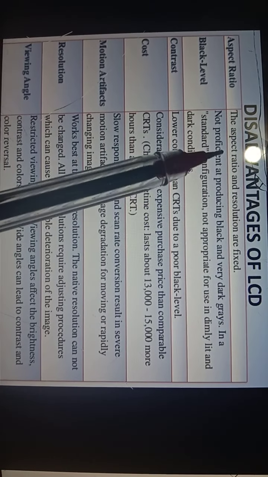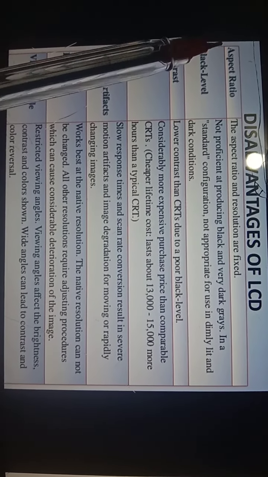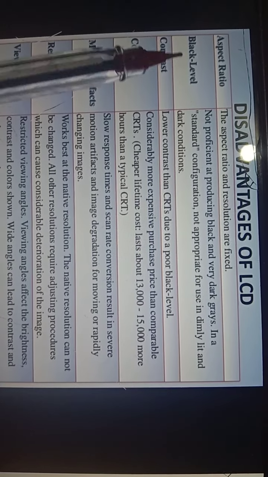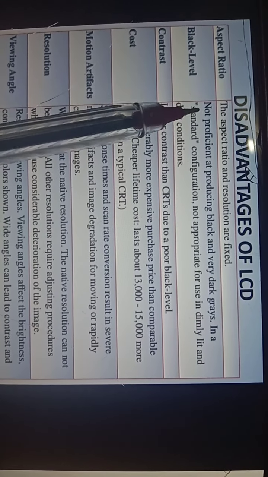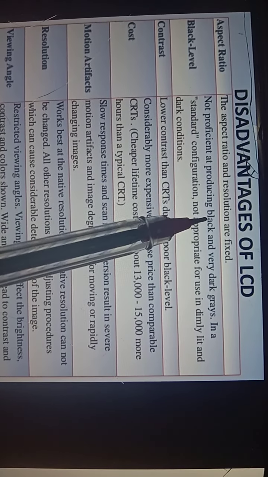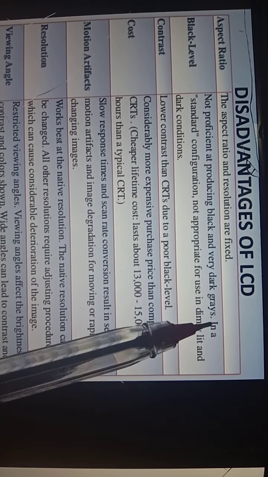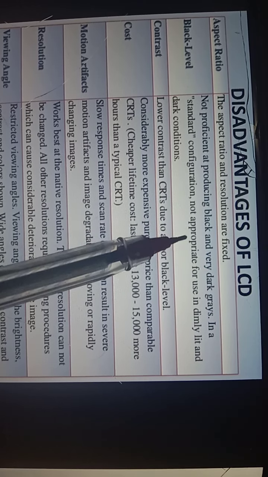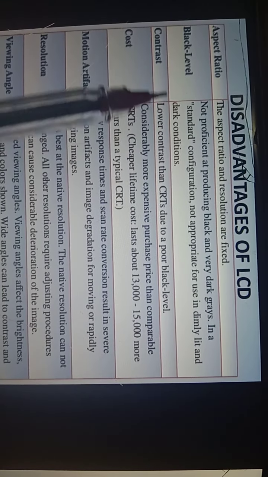Coming to disadvantages of LCD, aspect ratio: the aspect ratio and resolution are fixed. Black level: not proficient at producing black and very dark grays in a standard configuration, not appropriate for use in dimly lit and dark conditions.